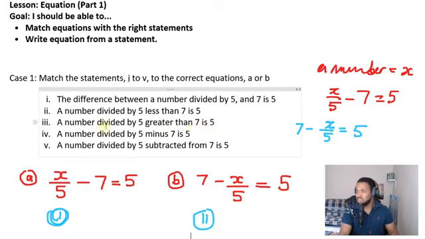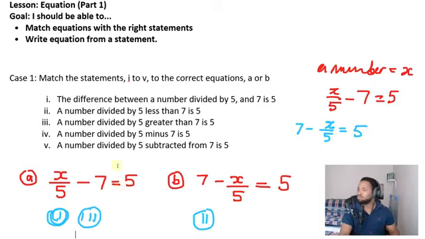In this case, a number divided by 5 that is greater than 7 is equal to 5, which means that 3 is the right option here, and that goes with A. Next is statement 4, a number divided by 5 minus 7 is equal to 5. In this case, 4 works with the equation A.